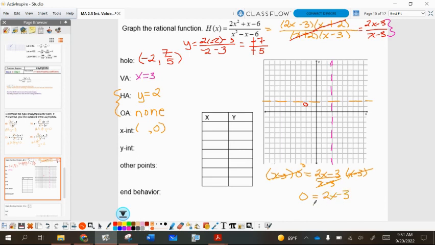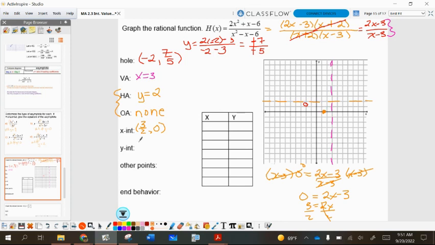Okay, so we'll go ahead and add 3 to both sides, divide both sides by 2, and we get x equals 3/2. So we have an x-intercept at 3/2, comma 0. So 1.5 or 3/2. We do, in fact, touch the x-axis, so that's the closed point there.